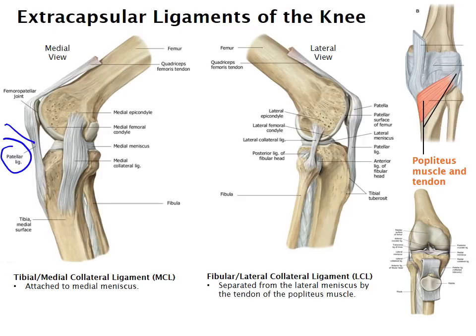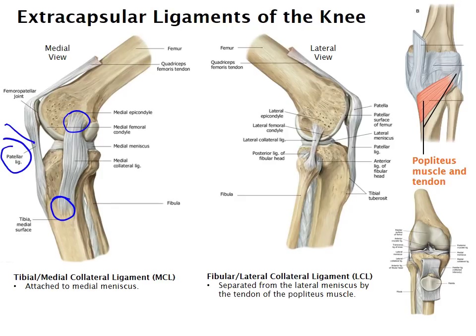There are also 2 collateral ligaments that become taut when the knee is extended. These are the MCL or medial collateral ligament and the LCL or the lateral collateral ligament. The MCL is also called the tibial collateral ligament because it attaches from the medial epicondyle of the femur, seen here, to the lateral surface of the tibia.